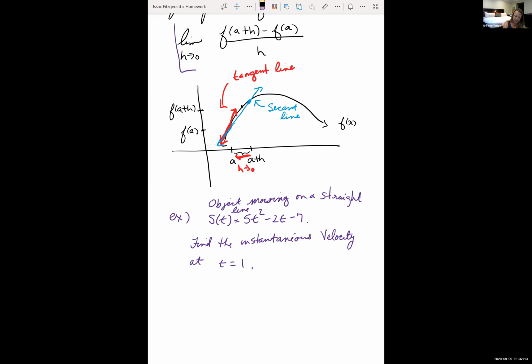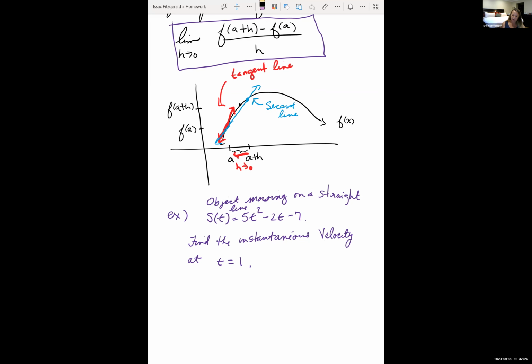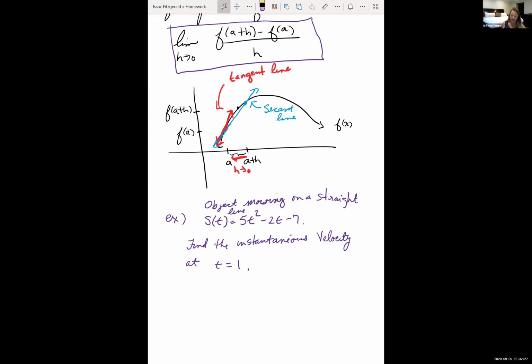And so in this case, we're going to use this formula. The value that we're having as a, where we're trying to find the instantaneous rate of change, is 1 for our case. And our function in this case is s of t instead of f of x.